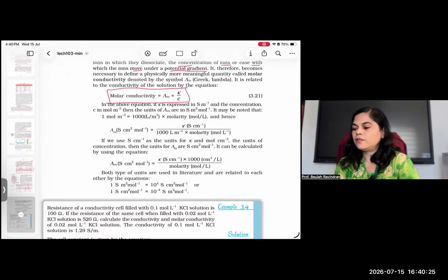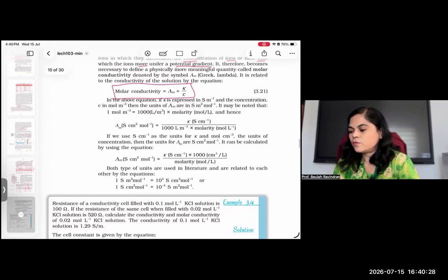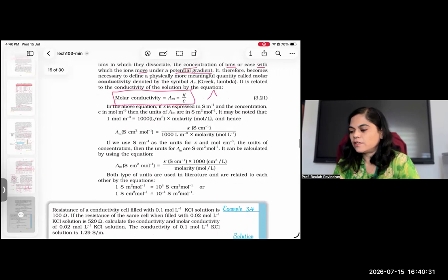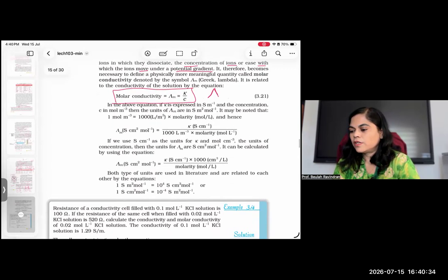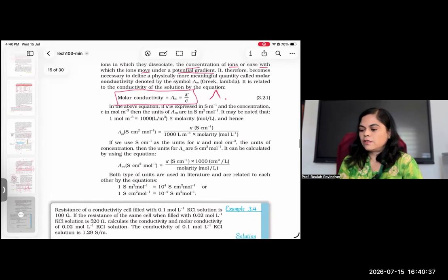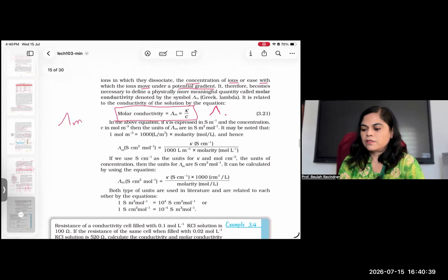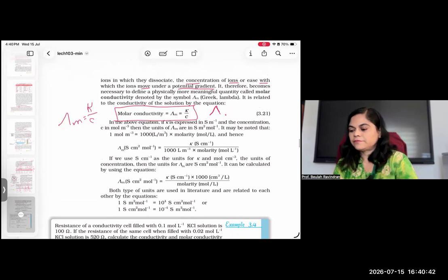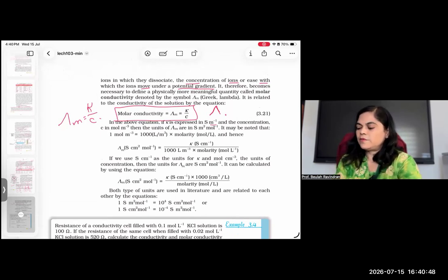It is kappa divided by C. In the above equation, if kappa is expressed in Siemens per meter and the concentration C is in mole per meter cube, then the unit of molar conductivity is Siemens, one meter gets cancelled, so meter square, then mole inverse.